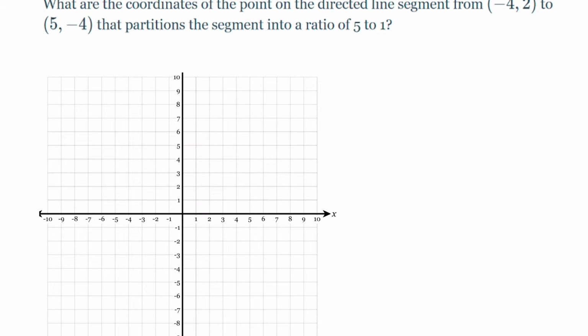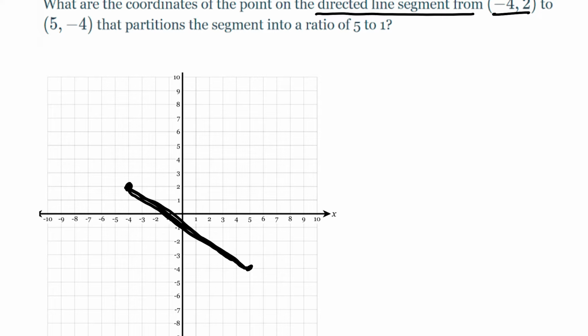So what we're looking at here is a coordinate of -4, 2, and a coordinate at 5, -4. And it even tells us to find the coordinates of the point on the directed line segment from -4, 2 to 5, -4. So that would be this segment right here.